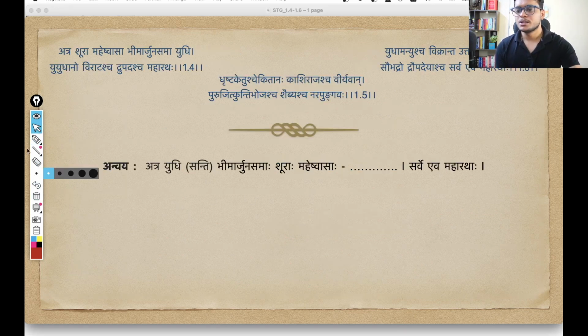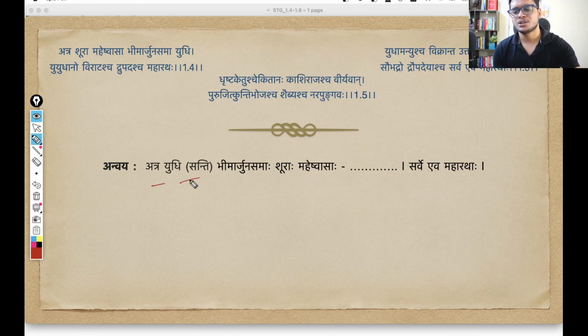So with this, I think we have covered the entire shloka. Again, in the anvay, you can simply start with atra yudhi, that here in this battlefield, these are the warriors. And then he will start calling out the different names of the warriors that we just saw. And before calling out their names, Duryodhana gave this introduction that all these warriors are shuraha, very brave, and maheshwasaha.